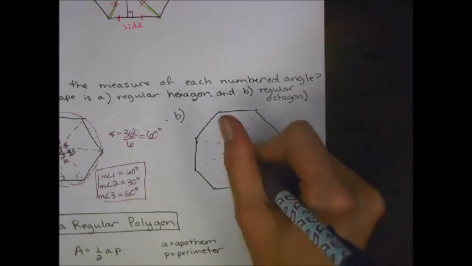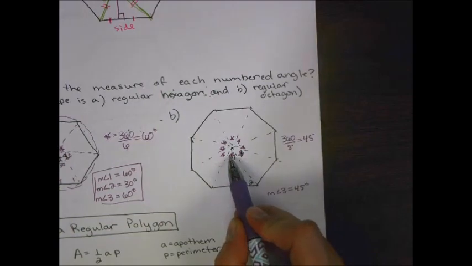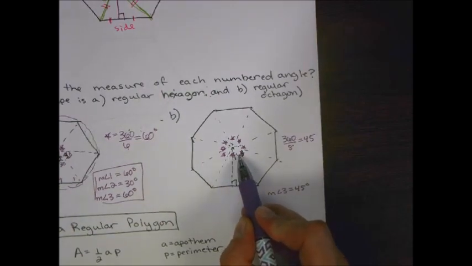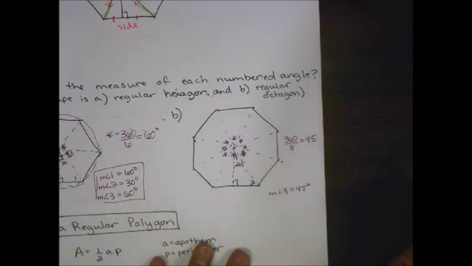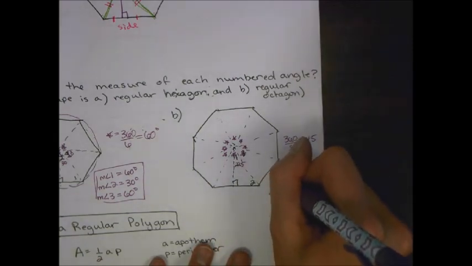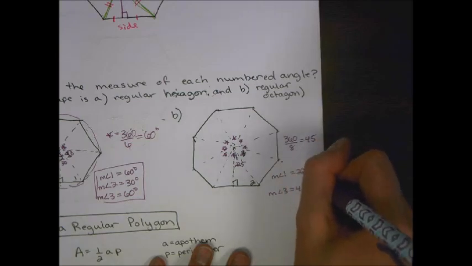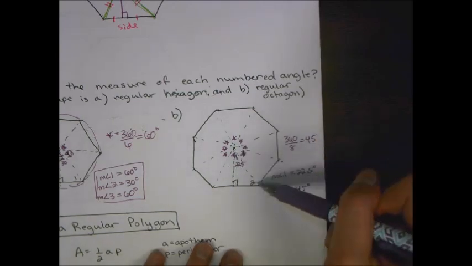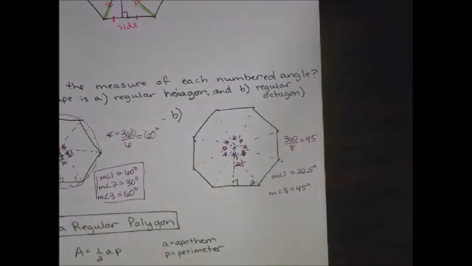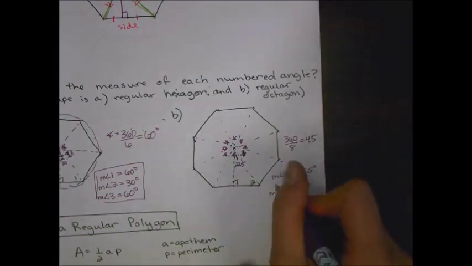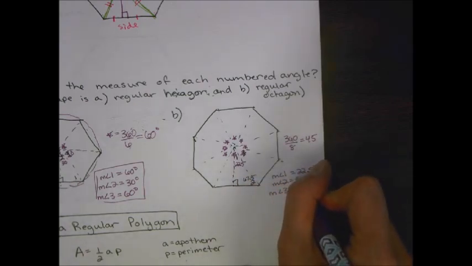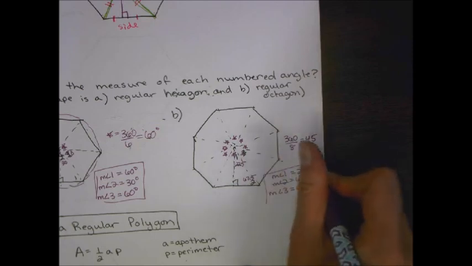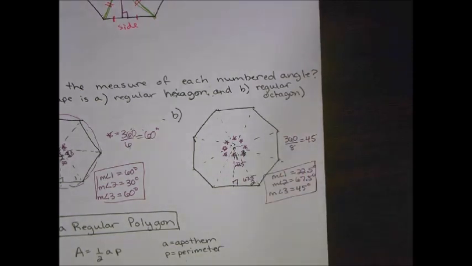The apothem, this whole angle is 45 degrees. Angle 1 is half of that. Half of 45 is 22.5. That's angle 1. The triangle adds up to 90 degrees. 90 minus 22.5 is 67.5 degrees. That's how we find those angles.